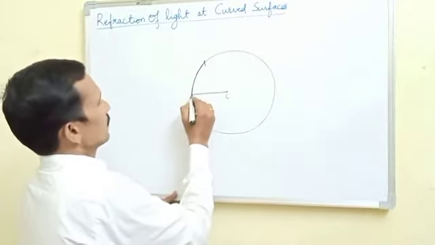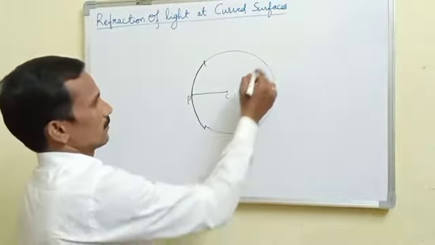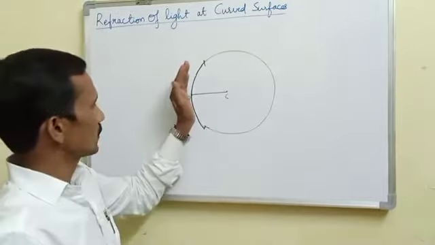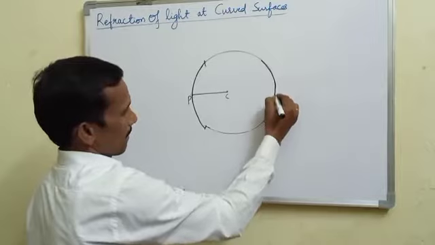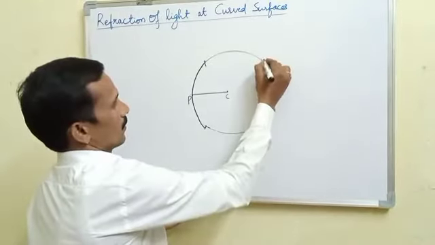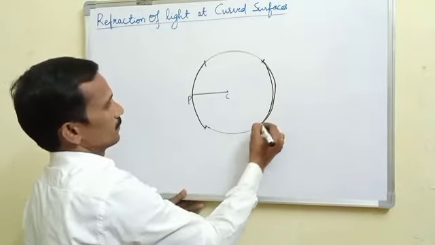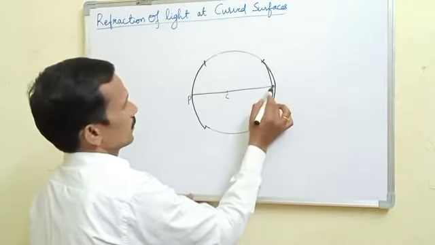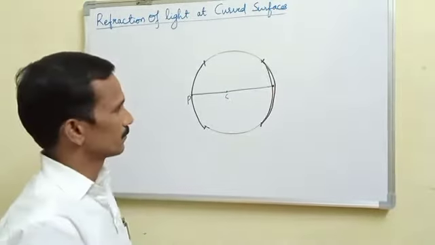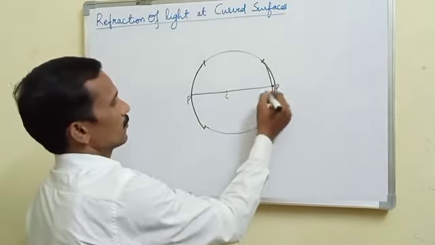The midpoint is called the pole for this curve. This is the convex curve, and this is the concave curve. So this is the center of curvature for this curve, and the midpoint is called the pole.